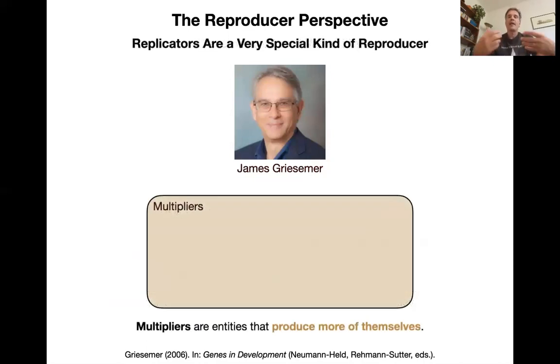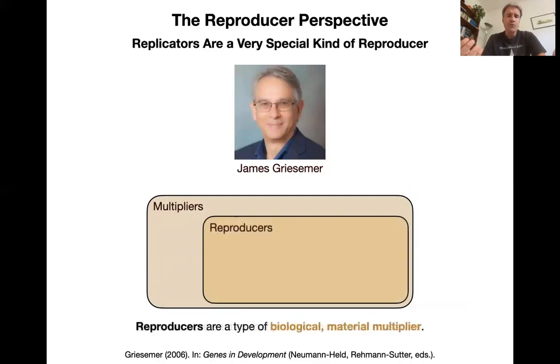So let's summarize this argument. If we come from a very broad perspective, the core of the reproducer perspective is this idea of a multiplier. A multiplier is an entity that produces more of itself, okay? And reproducers are a specific type of multiplier. They're a biological material multiplier.